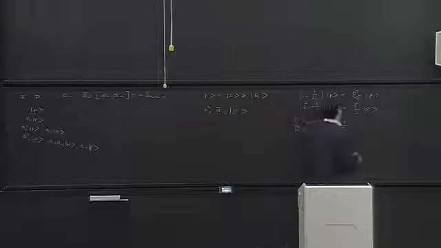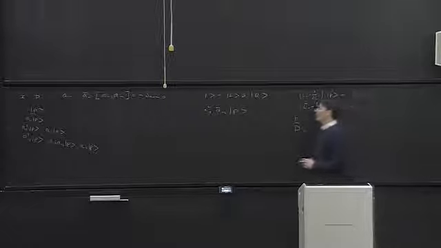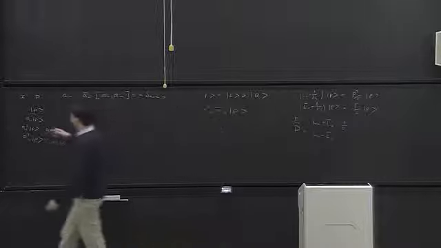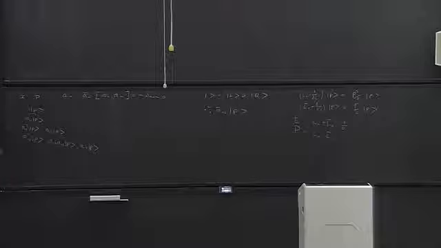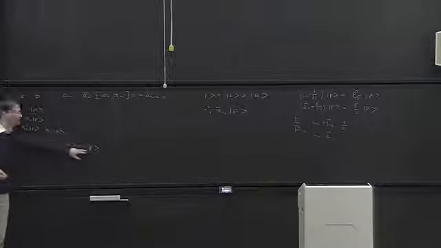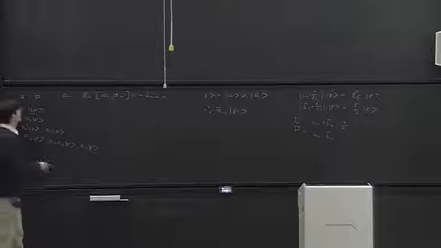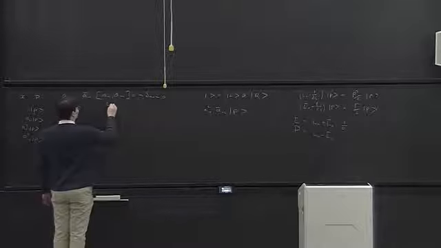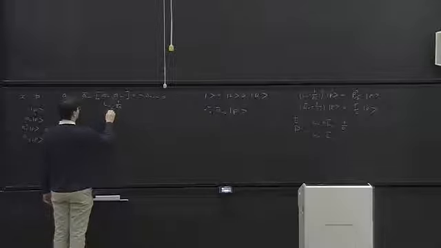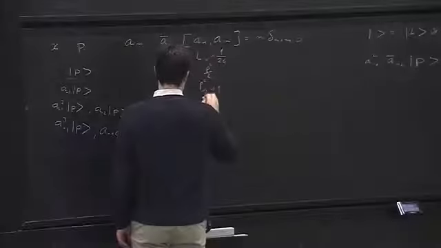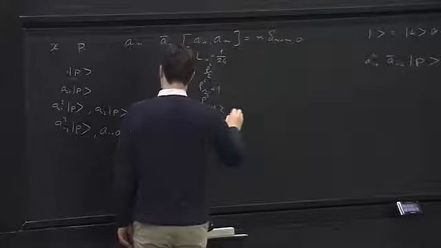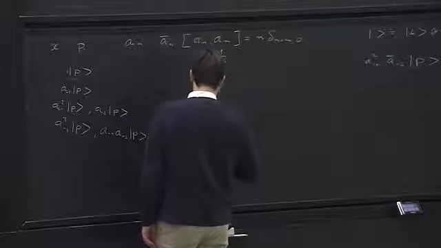Every time you act with one of these modes, you raise the energy by 1, by 2, by 3. So if you look at L_0 minus 1/24 for these states, you get p squared over 2, p squared over 2 plus 1, p squared over 2 plus 2, p squared over 2 plus 3.